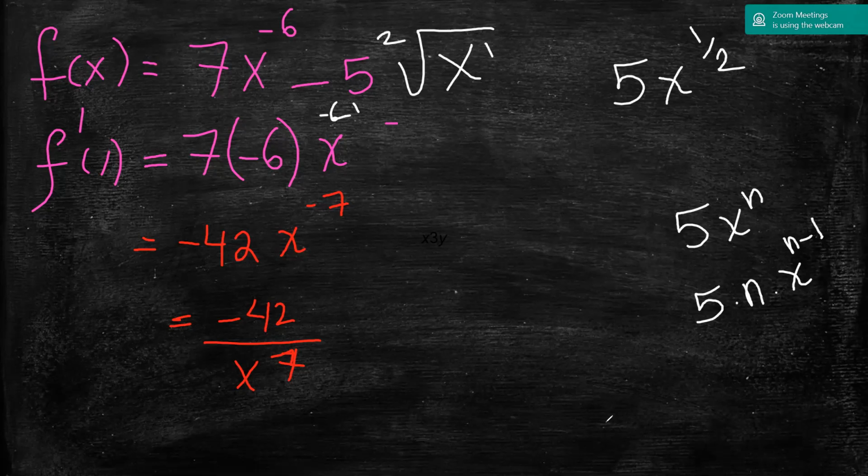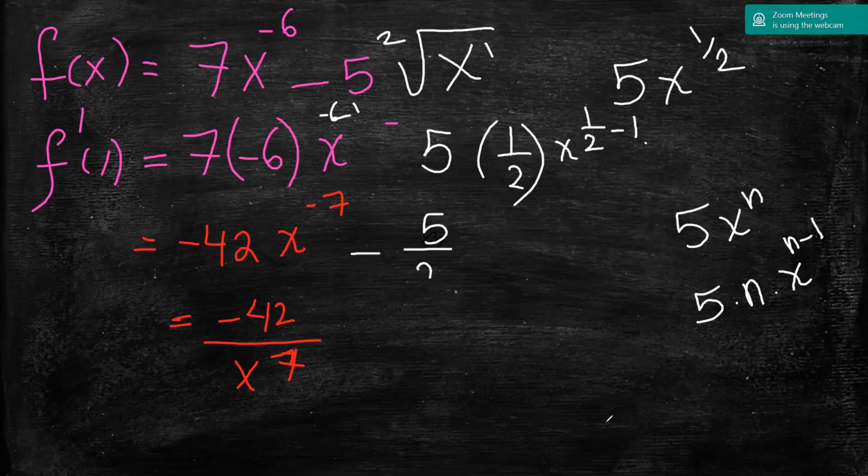Here now you have 5 times x raised to the power half. So you will say it is 5 times half times x raised to the power half minus 1. Then 5 times half is 5 over 2 x, and half minus 1 is negative half.